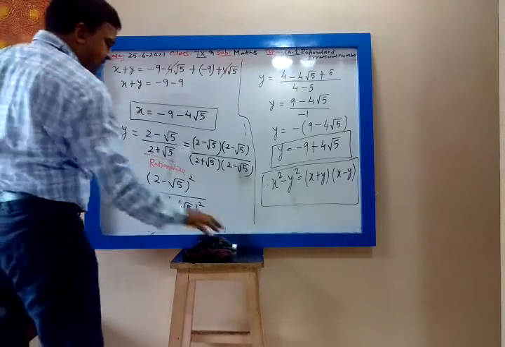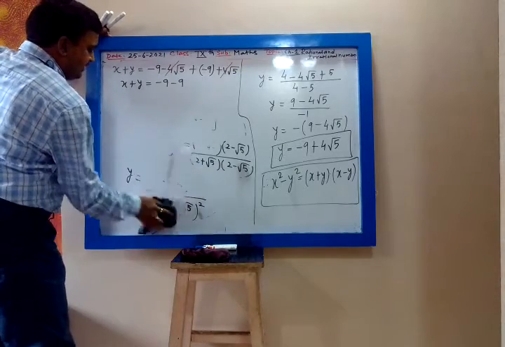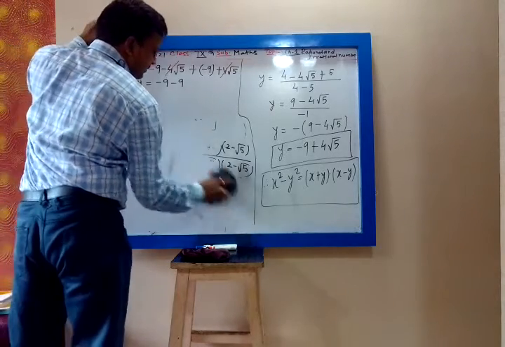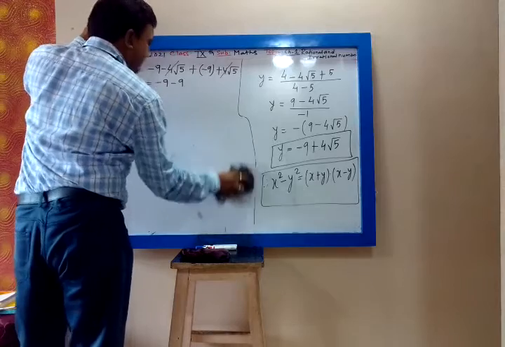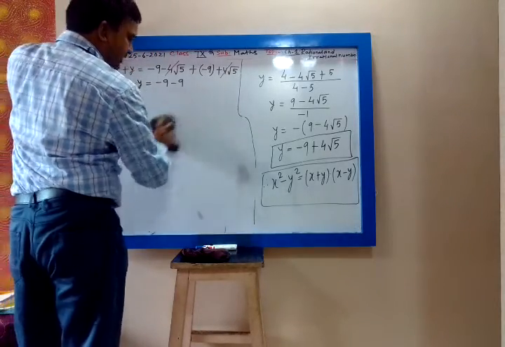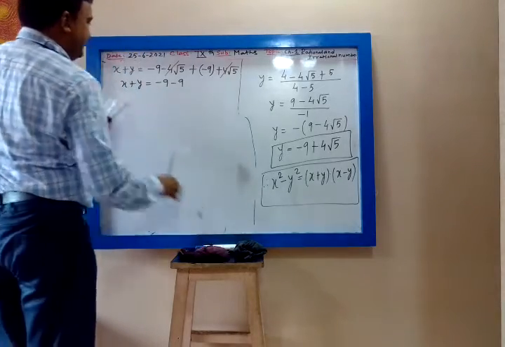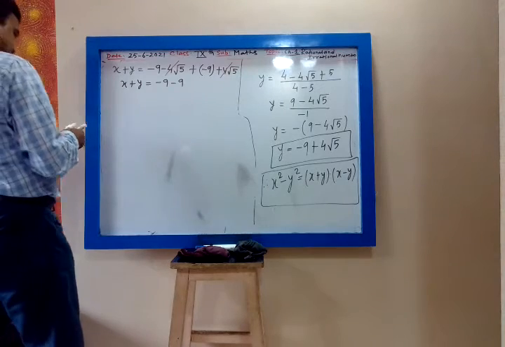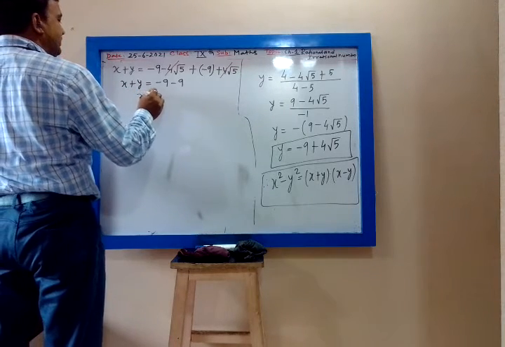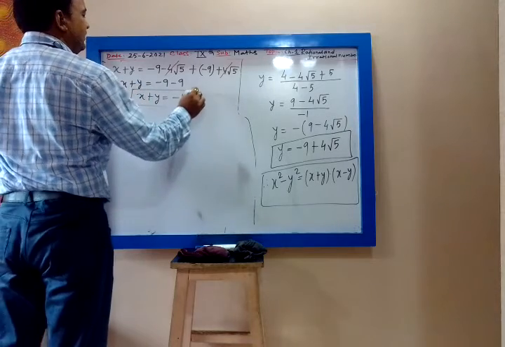So x plus y will be minus 18, because minus 9 minus 9 will be minus 18. So x plus y is minus 18.